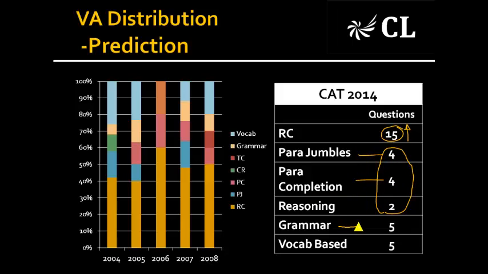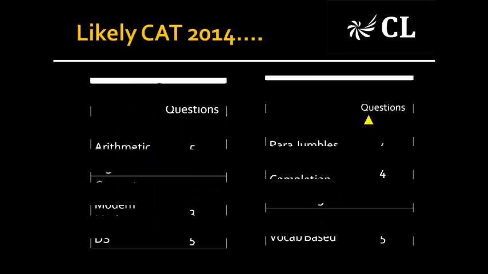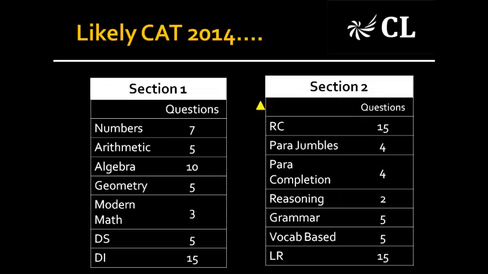And then you would expect about 5 questions on grammar and 5 questions on vocabulary. So this is the logic that we have used to arrive at a kind of prediction for CAT. And if you put the prediction together, this is how it's going to look. You can probably pause the video and go through it and understand what is the distribution.